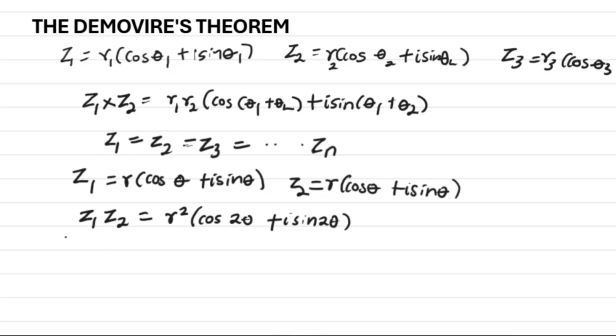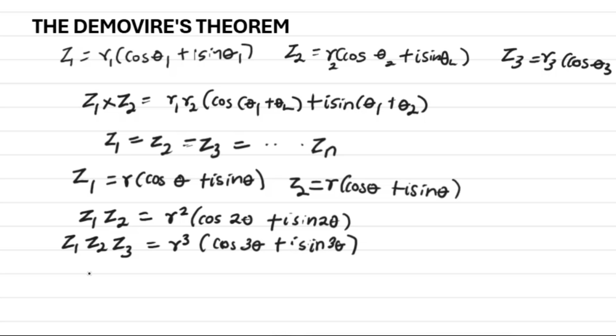If we have z1 times z2 times z3, this gives us r raised to power 3 into cos 3 theta plus i sine 3 theta, because here you have r times r times r, which gives r cubed, and cos (theta plus theta plus theta), which gives 3 theta, plus i sine of the same, which also gives 3 theta.